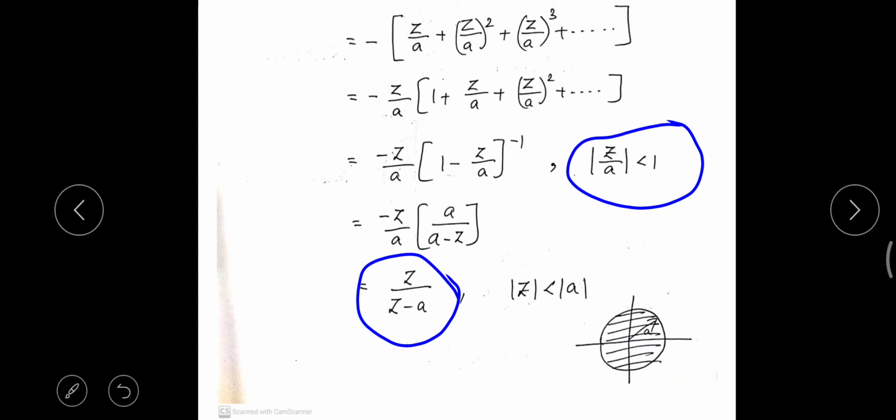For example, if a is equal to 0.5, then I should choose the value of z that is less than 0.5. Only then can I write z by z minus a. If I choose z is equal to 0.7 when a is equal to 0.5, this formula is not at all applicable. The z transform fails. So this is another very important thing.